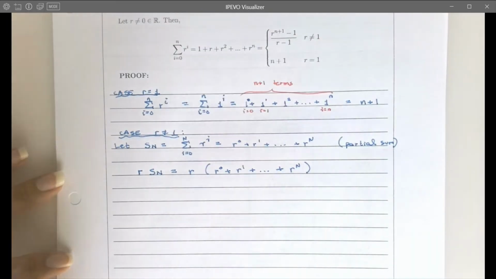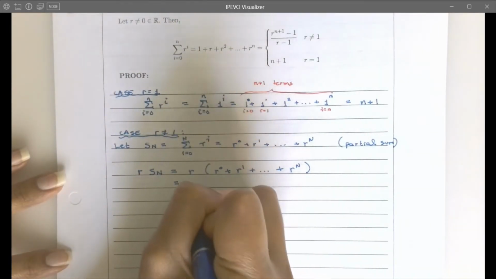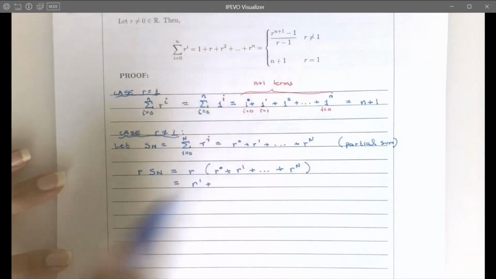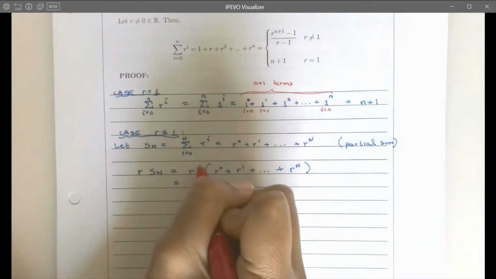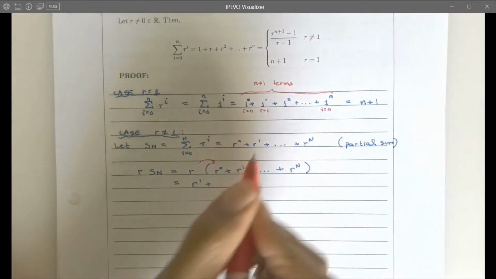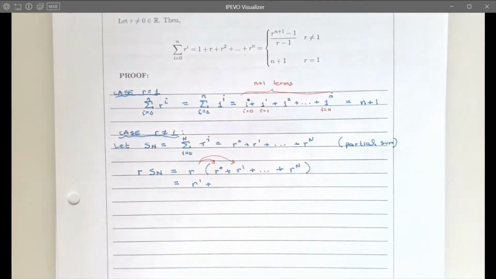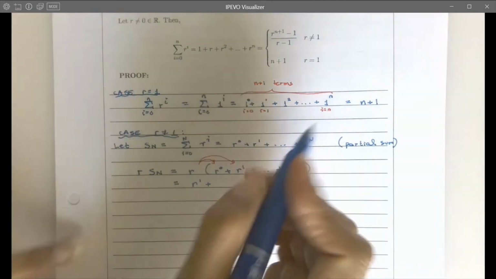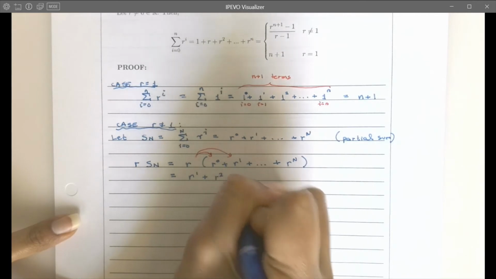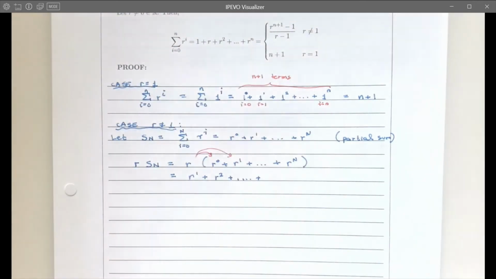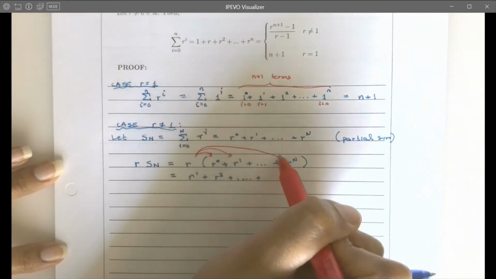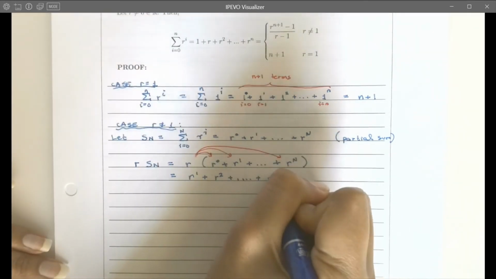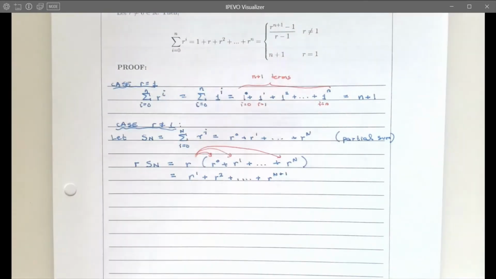And if we distribute that, we'll have an R to the 1 when we multiply the R with R to the 0. And then when I multiply with R to the 1, we'll get an R squared. And that is going to continue until we reach R to the capital N, in which case we'll get an R to the capital N plus 1.